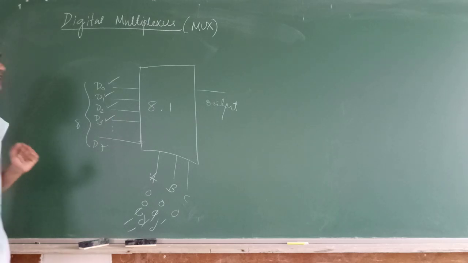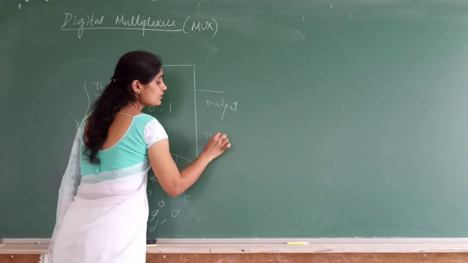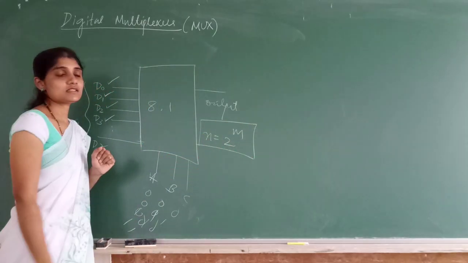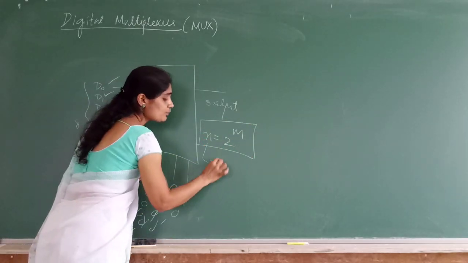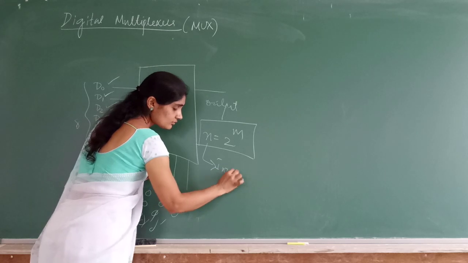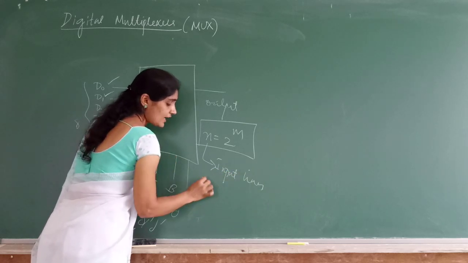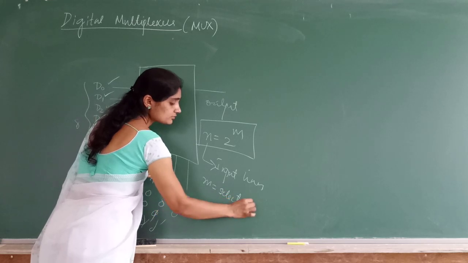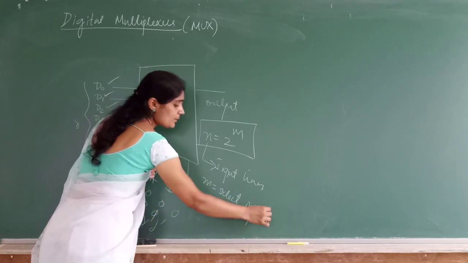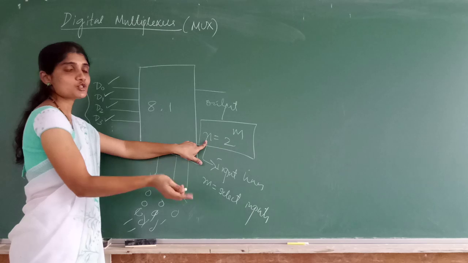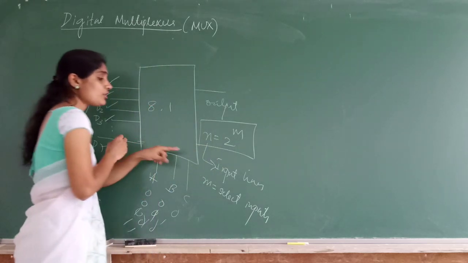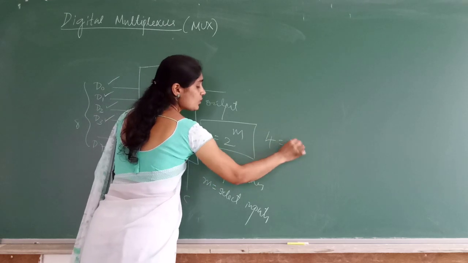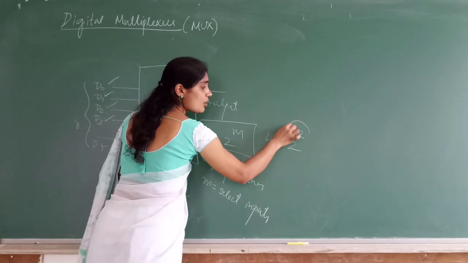Generally, the number of inputs and the number of select inputs for a multiplexer are related like this: n is the number of input lines, and m is the number of select inputs, with n equal to 2 power m. For a 4:1 mux, n is equal to 4, and 4 is equal to 2 power 2, so 2 select inputs.